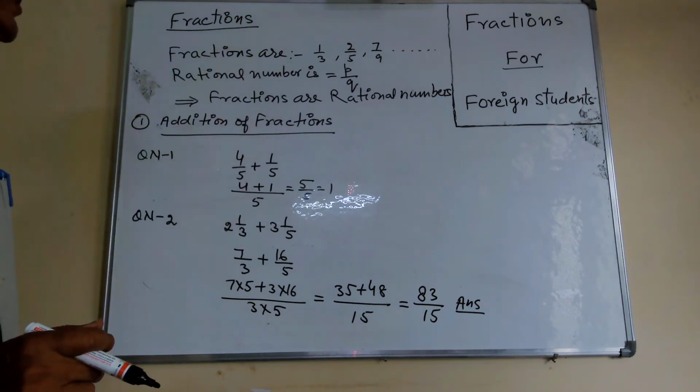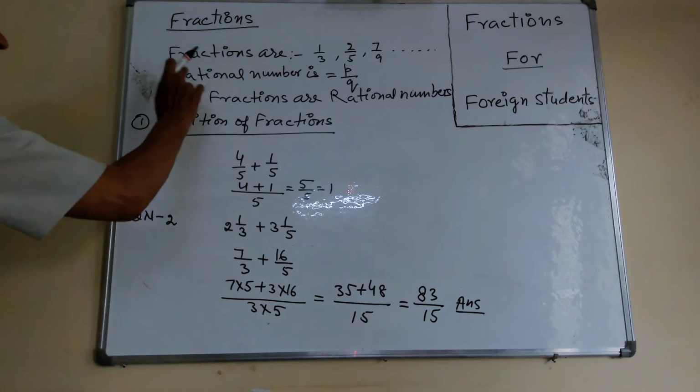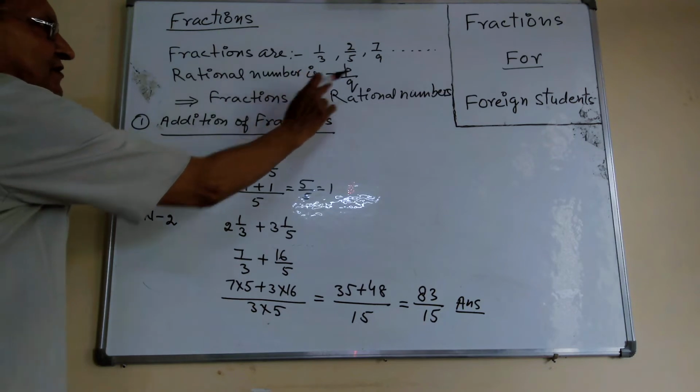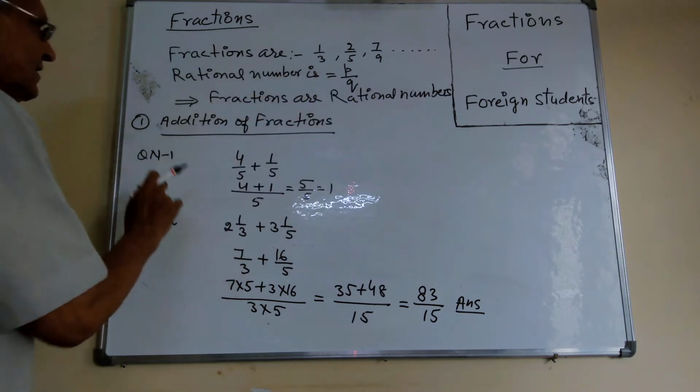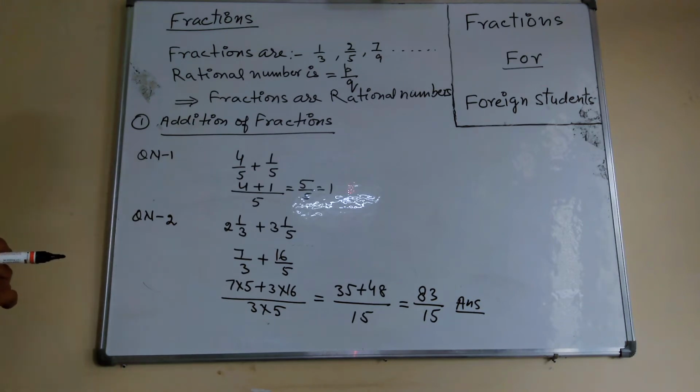This is the definition of a rational number. So fractions and rational numbers are the same. Fractions are rational numbers.